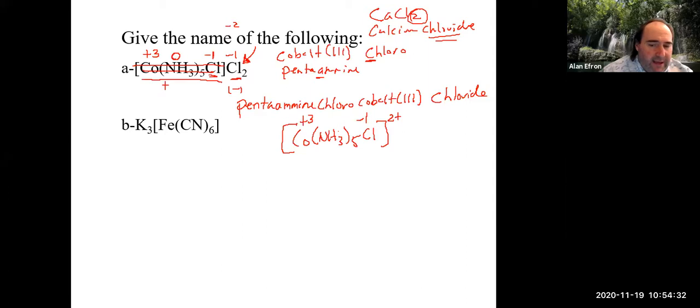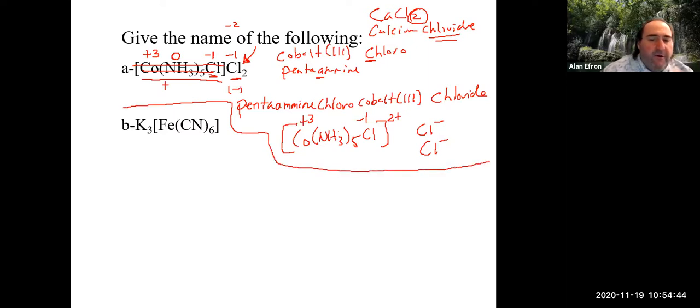And that is why we have not 1 chloride, but 2 of them to balance out that charge. Any questions on that one there? Lastly, coordination number here would be 6 for this one. Again, 5 of the NH3s and 1 Cl minus there would give us a coordination number of 6.